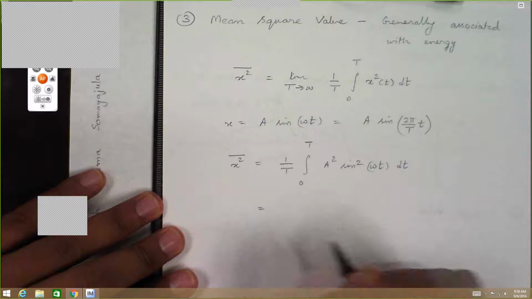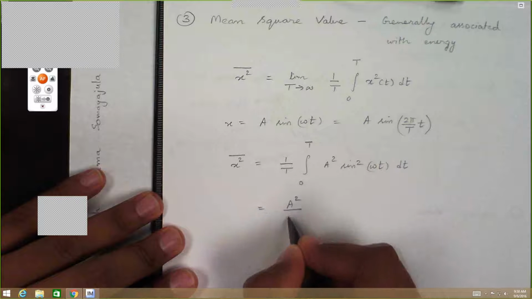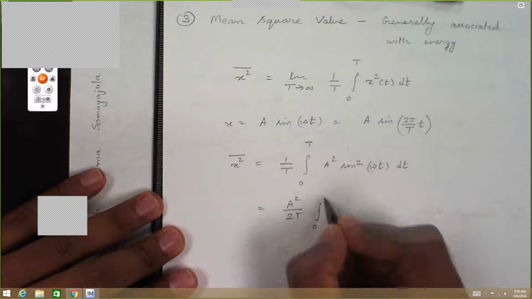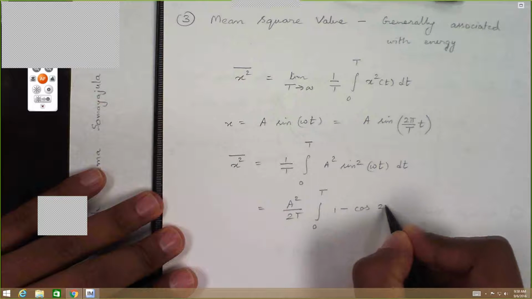In other words, this can be written as a square over 2t into integral 0 to t 1 minus cosine 2 omega t.